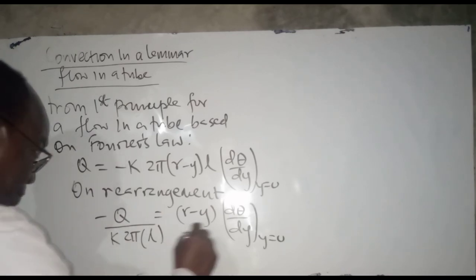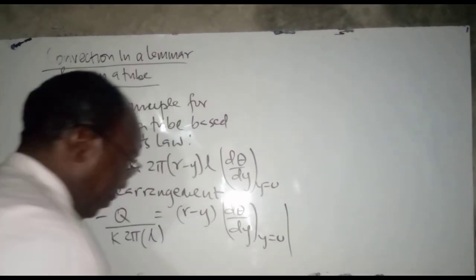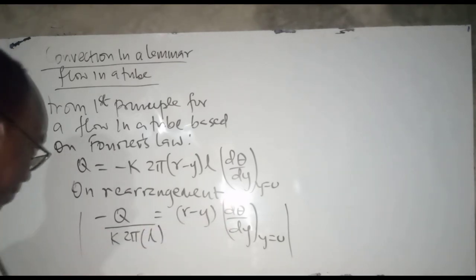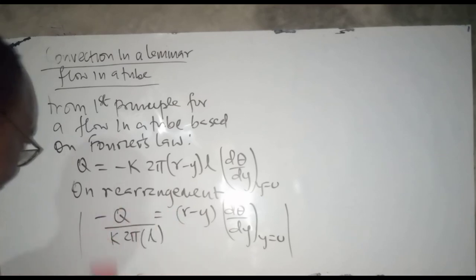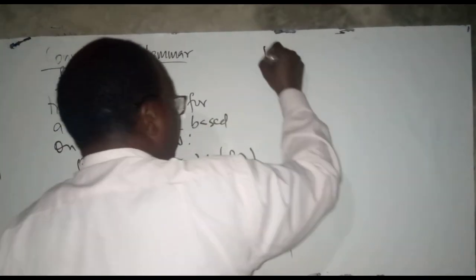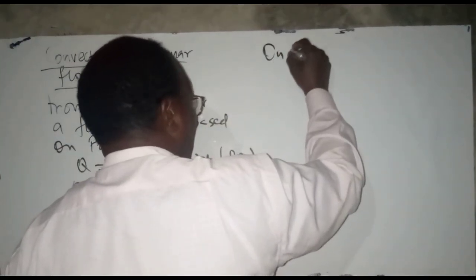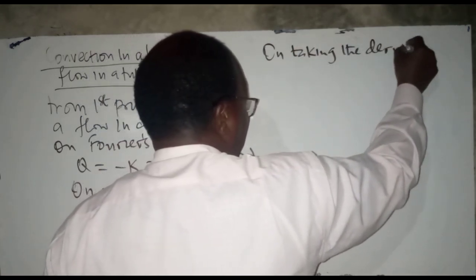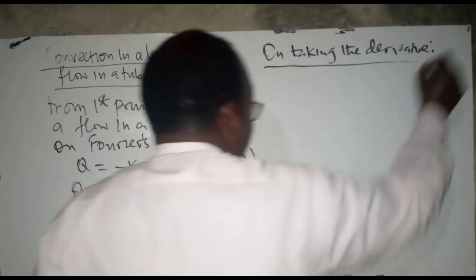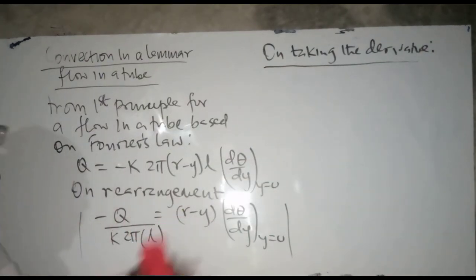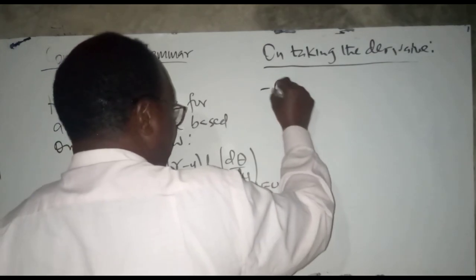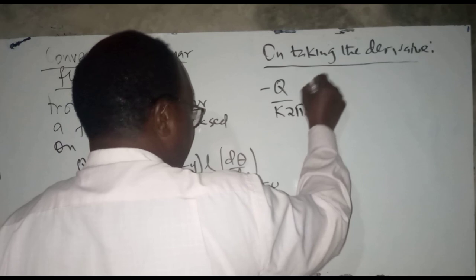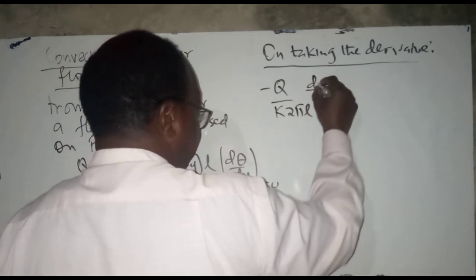And of course, if we take the derivative of both sides with respect to y, in fact, we can clear this out and bring it to this end. So on taking the derivative, we multiply both sides by dy, so we have minus Q over K 2 pi L d dy.